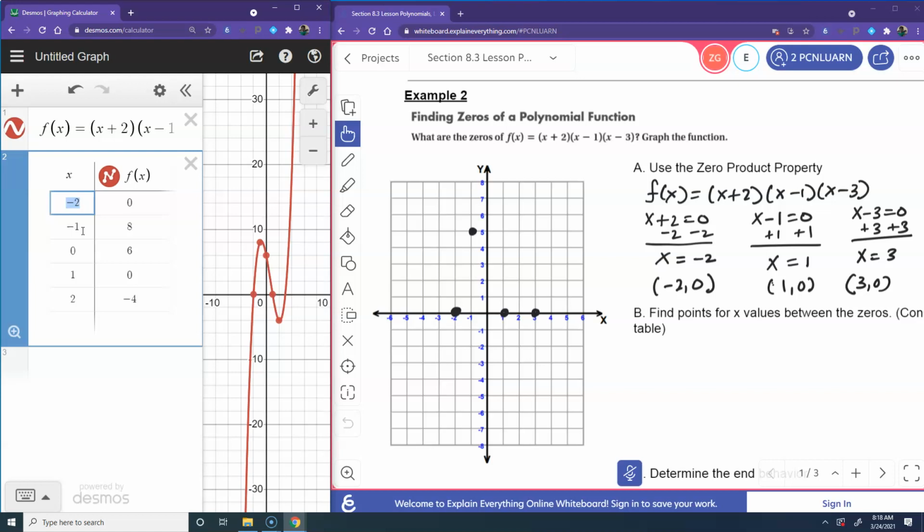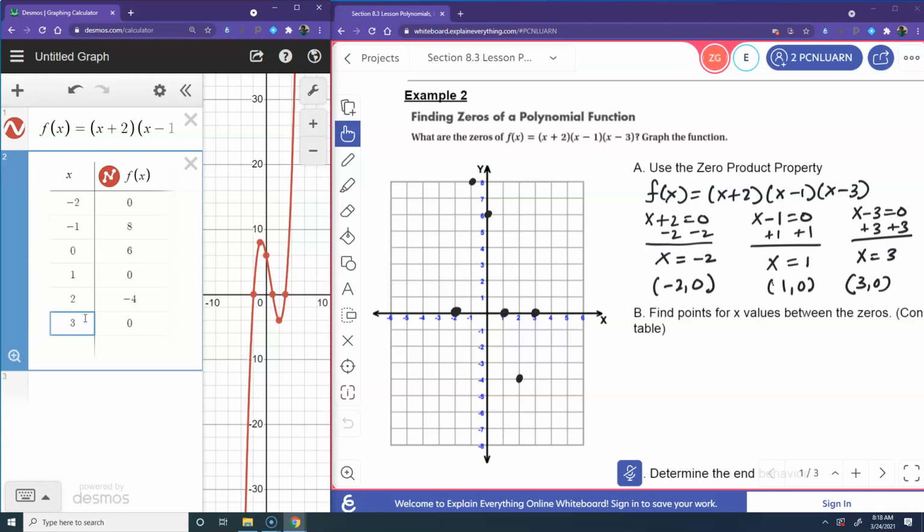And then we have 0, 6. That's the y-intercept. So it kind of goes up, then comes back down. And then we have 2, negative 4. We can do 3. 3, 0.